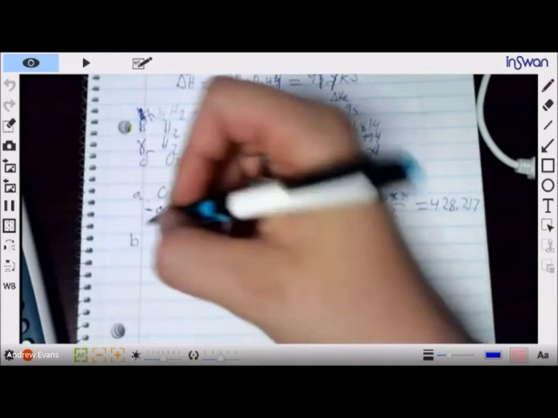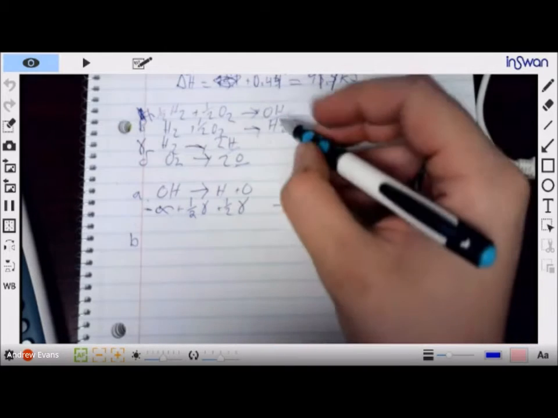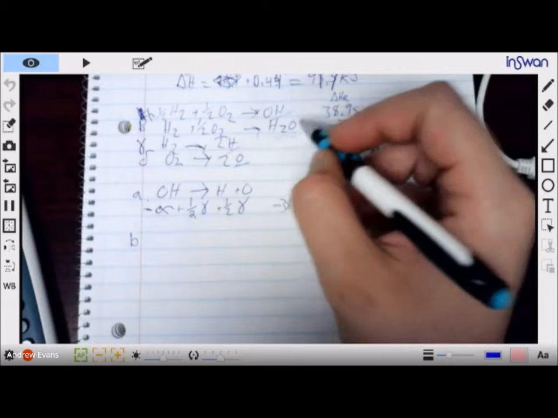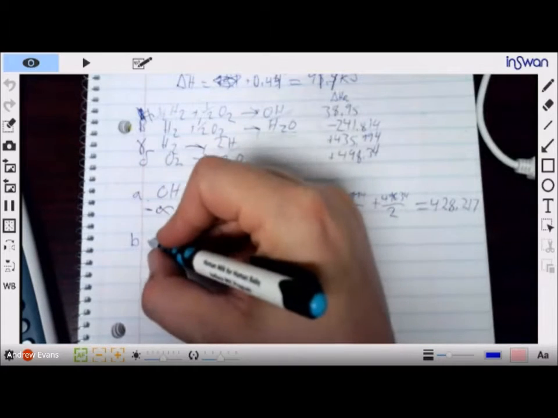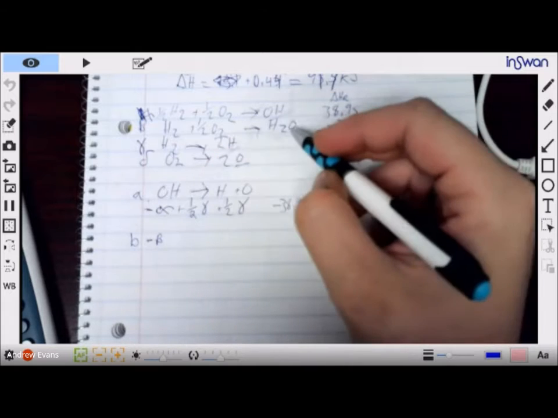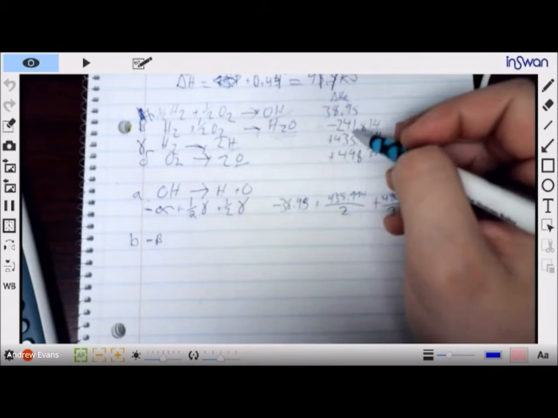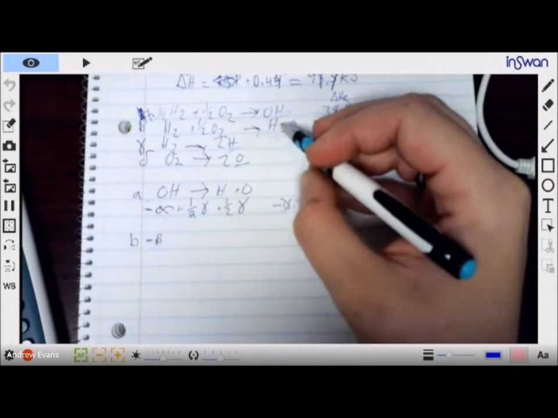Equation B is we want water, steam, splits into 2 hydrogens and 1 oxygen. So water is there, but since it's a product and I need it as a reactant, I'm going to use a reverse of beta.